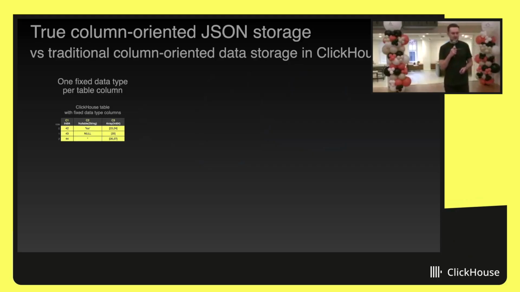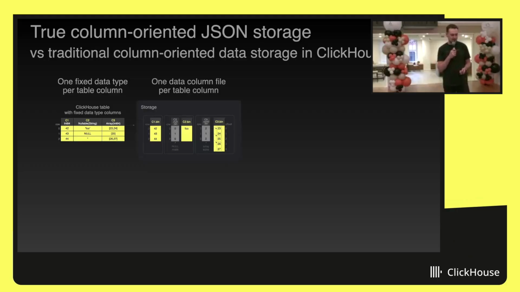If you analyze all the columns and define data types, you can have only a single data type for each column. Like in this example, we have one column of Int64, another Nullable String, another Array. And when ClickHouse stores this data, it stores it in separate data files.